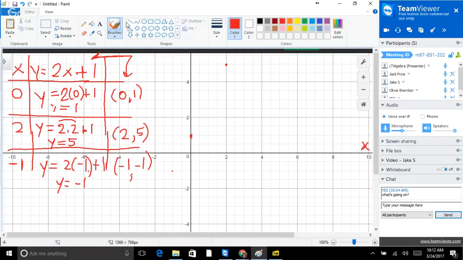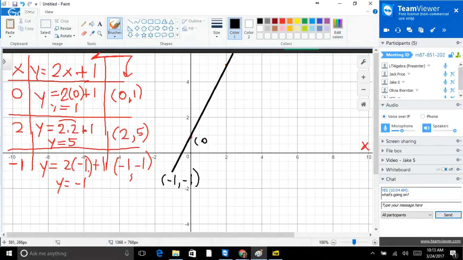Now if we play connect the dots, we have 3 points. If I connect from -1 up here, play dot to dot, this line represents every answer to this equation. Here is -1, -1, which we said was one answer.